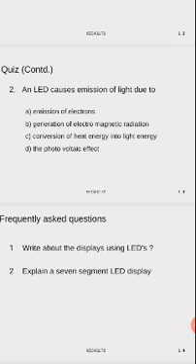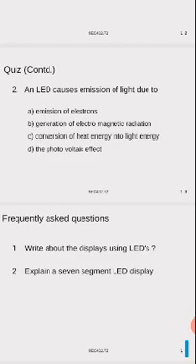And we know that the LED is operated under forward bias condition. Then only it can act as an emitting diode. It can emit the light to the outside.